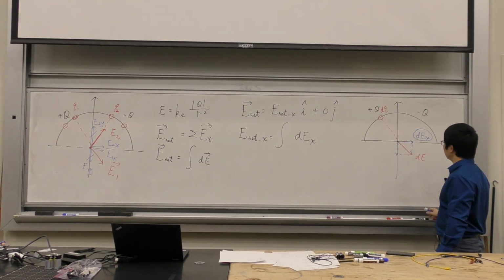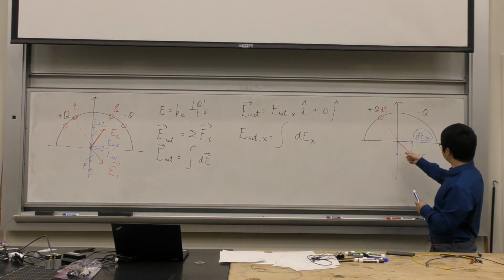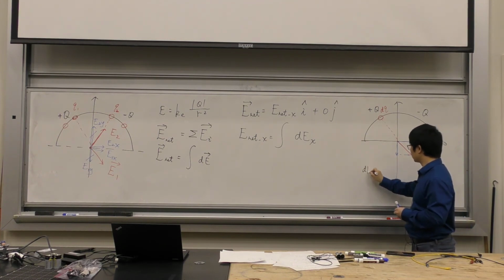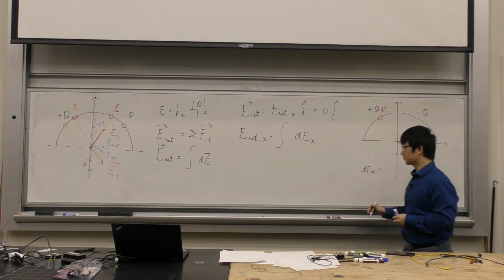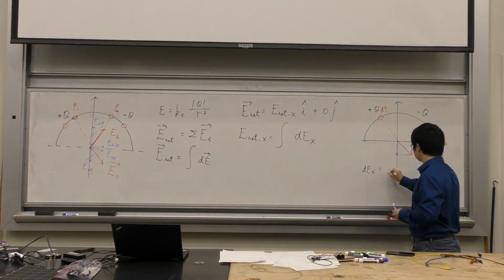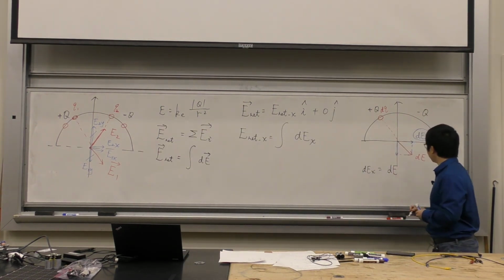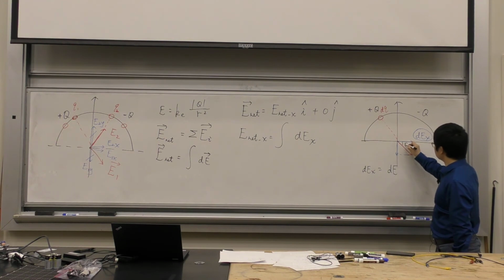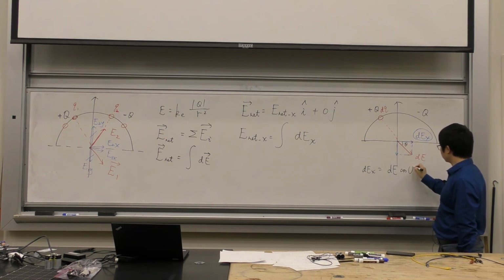And then dEx, again, from this diagram, I know that if I want to find an expression for dEx, it's just going to be dE times, you can pick any angle you like, right? For example, if I pick this angle, that's going to be cosine theta.